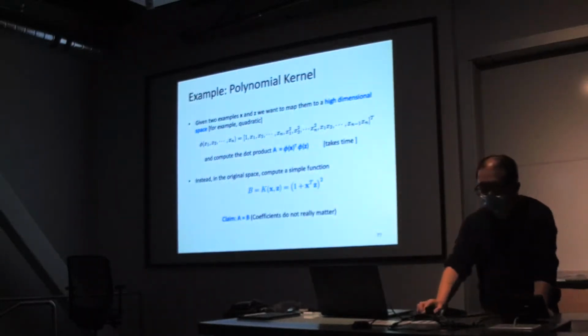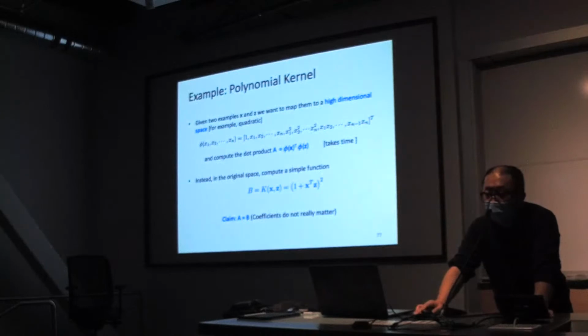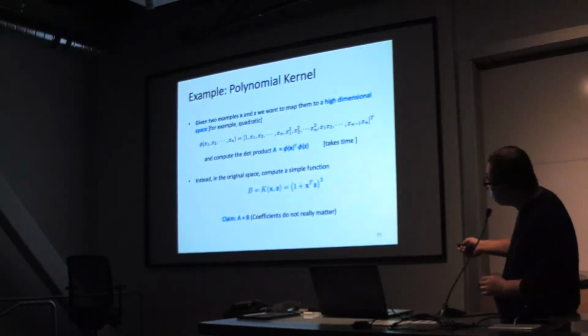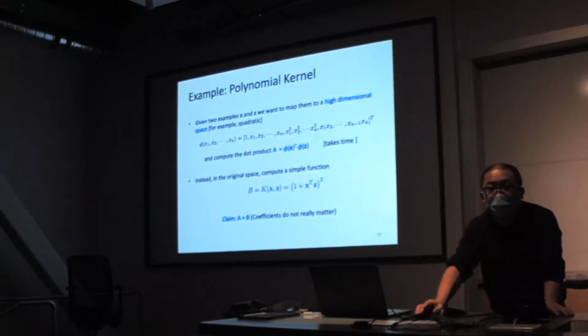An even better thing is that the two results are equivalent. Of course, you will see some mismatch in the coefficients, but it is a trivial issue that can be easily addressed. So this is the power of the kernel trick.